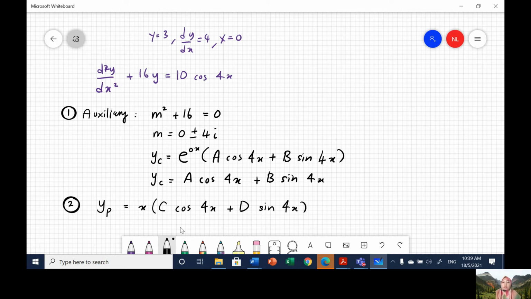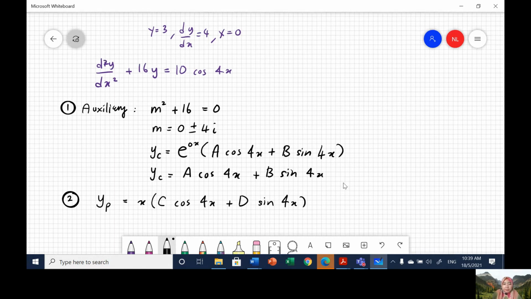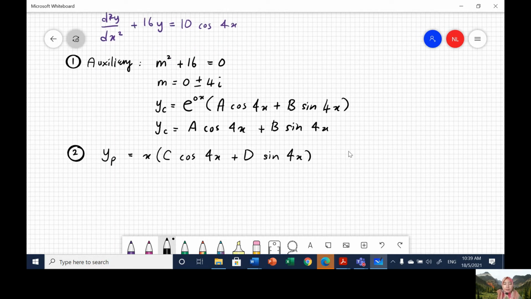So this is our yp. Then find the first derivative. Because this is a product function, take the first part and differentiate the one in the bracket.